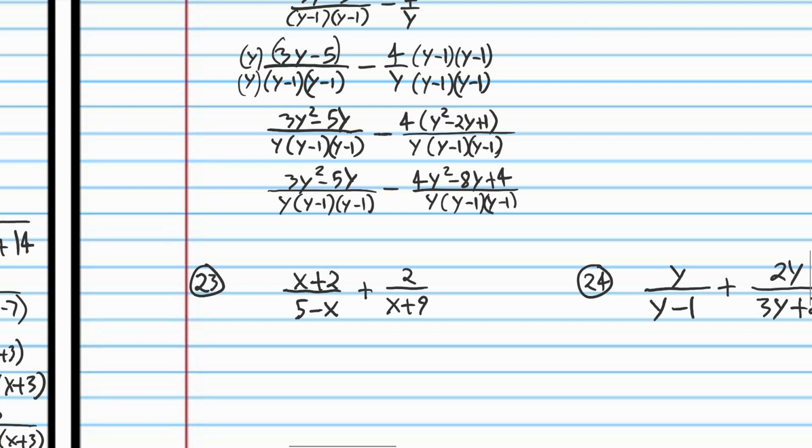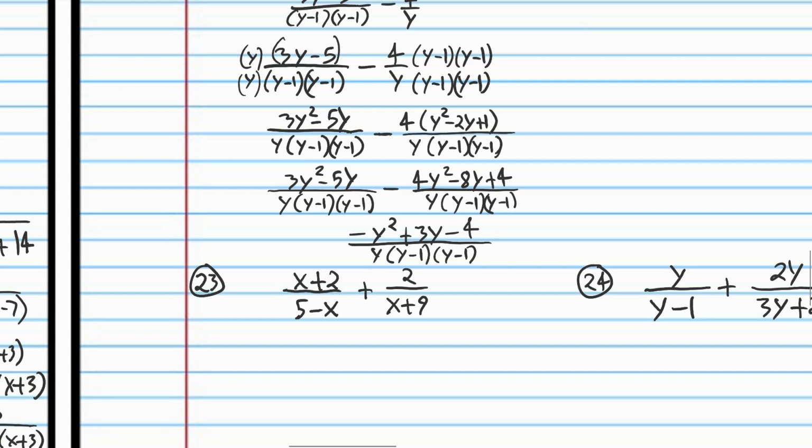So 3y squared minus 4y squared is negative y squared. And negative 5y plus 8y. Do you see that? This is a negative 8y. But because we're subtracting this whole fraction, it's going to become positive 8y. So that's negative 5y plus 8y is 3y. And this is not going to be a positive 4. It's going to be a negative 4. Again, that's the major source of error when students do these types of problems.